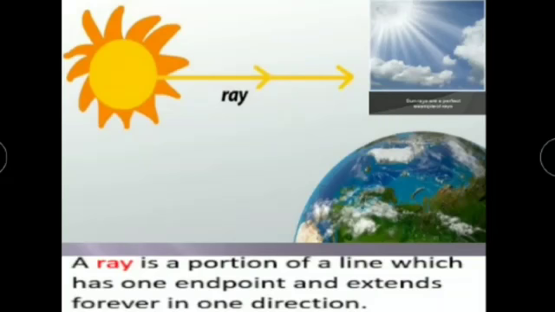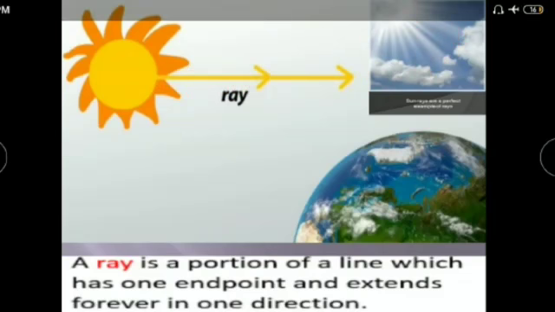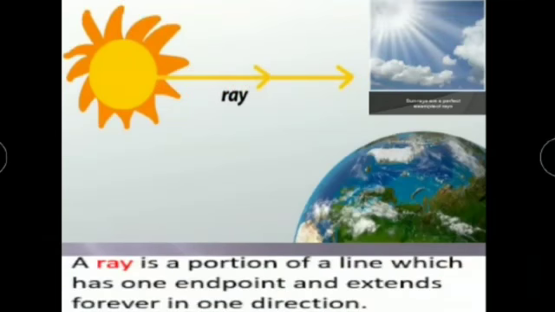A ray is a portion of line which has one end point and extends forever in one direction. Sun rays are perfect examples of rays.